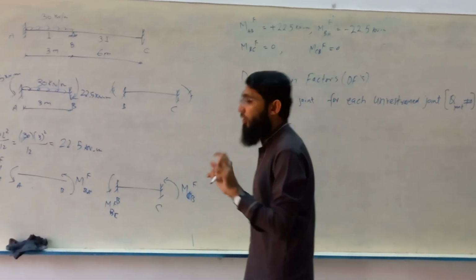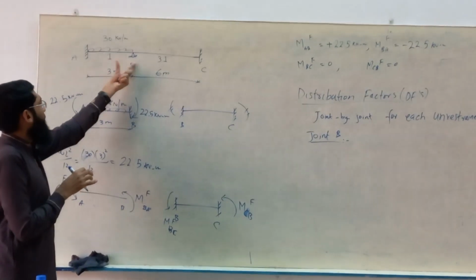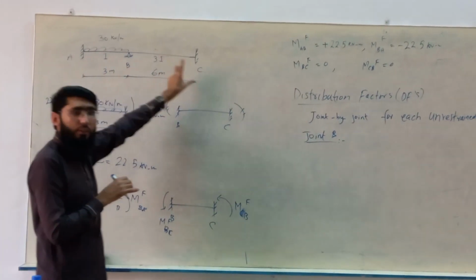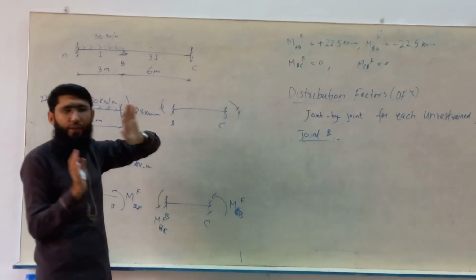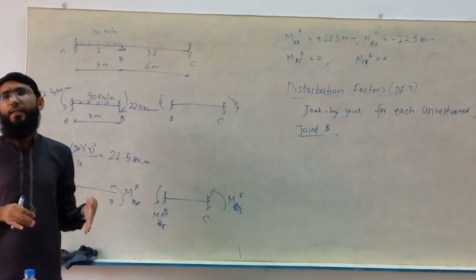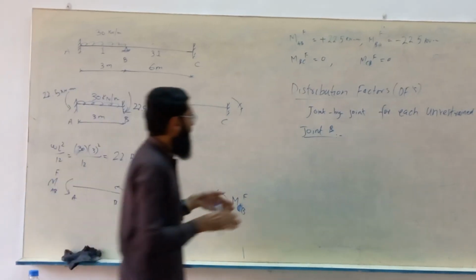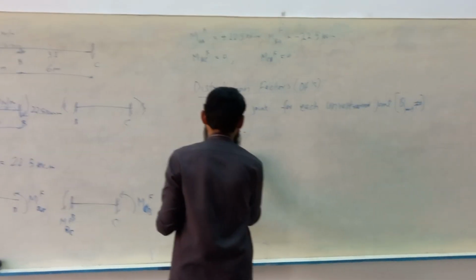At joint B, we have got two members connected, two segments connected, BA and BC. So for each one of them, BA and BC, we're going to calculate the distribution factors. Okay. So let's see how we do it. What is the distribution factor now?